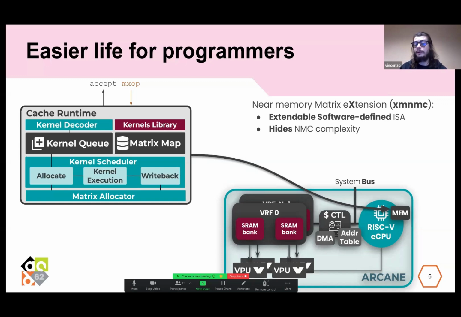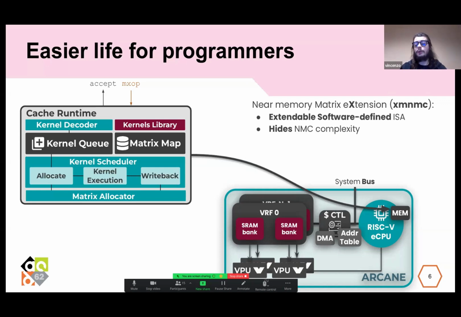What we mean by extendable software-defined ISA is this: I was mentioning that you can offload instructions to the data cache. In a standard accelerator, the decoder would be a fixed hardware module, and therefore you cannot extend it. But having the kernel decoder within a piece of software allows you to reprogram this cache runtime with whatever instructions or whatever ISA you want.